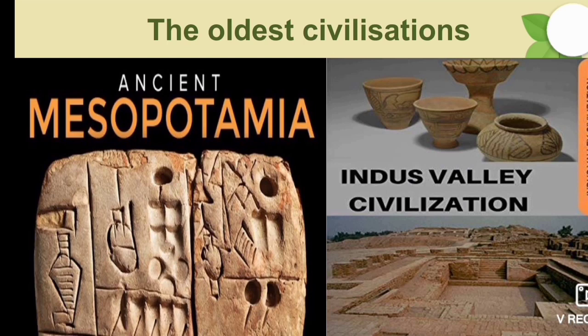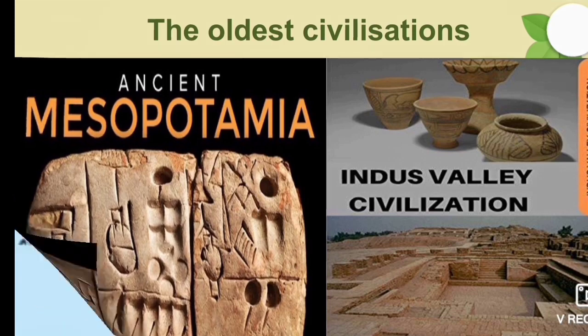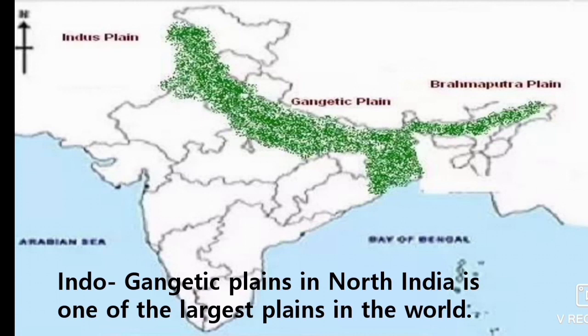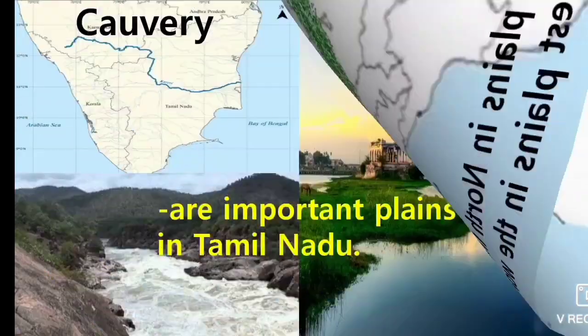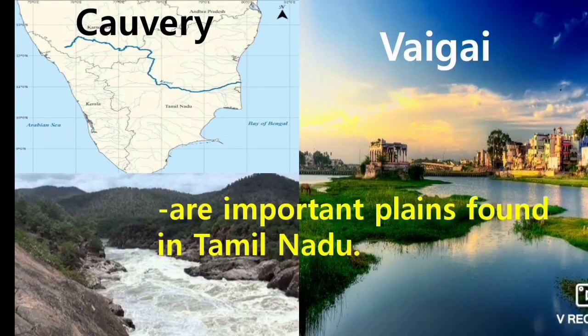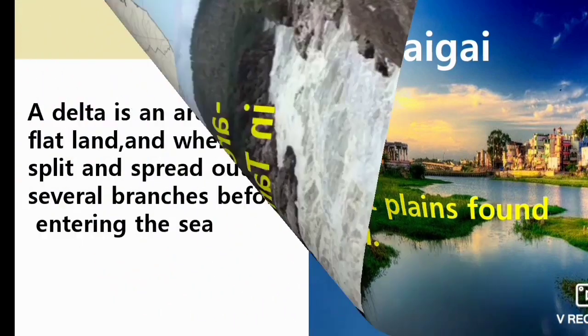Students, the oldest civilizations like the Mesopotamian and the Indus civilization developed in river plains. The Indo-Gangetic Plain in North India is one of the largest plains in the world. The plains formed by Kaveri and Vaigai are the most important plains found in Tamil Nadu.